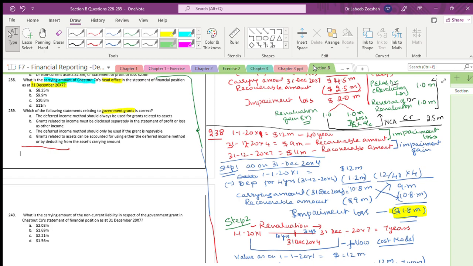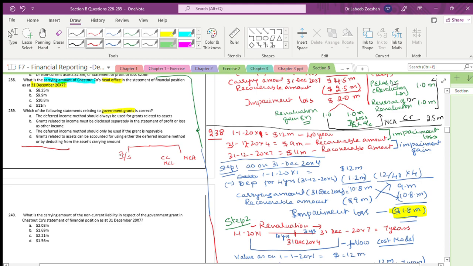The most important thing is whenever you are talking about the grant, again, we will go back to that slide. Whenever you are doing these things, there are two things that happen. It will have impact on the income statement, on current liabilities, on non-current liabilities, and on non-current assets.